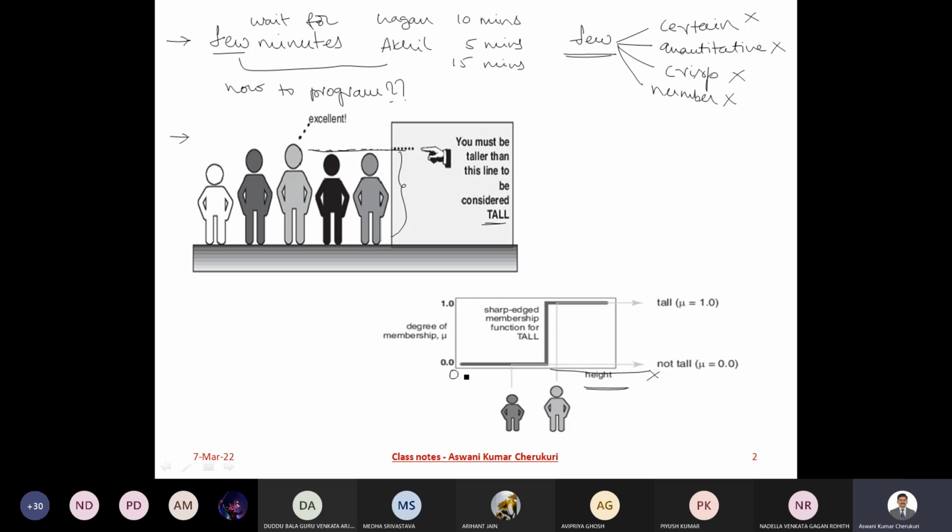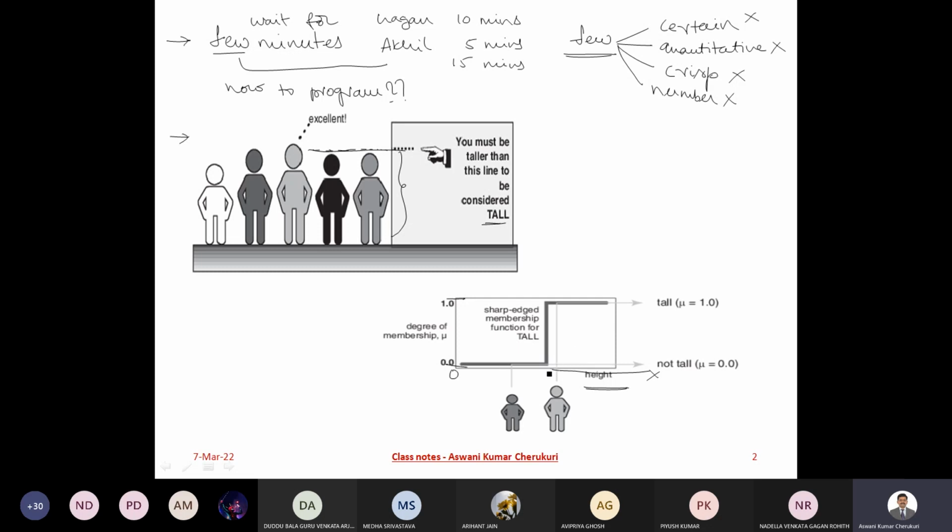And my y-axis has the values 0 and 1, and of course intermediate values also, like 0.5, 0.25, 0.75.